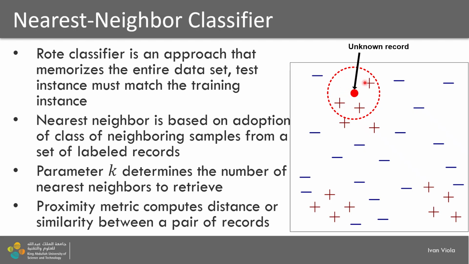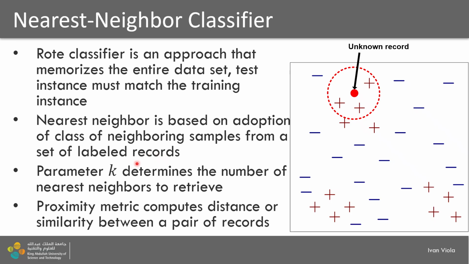Based on this neighborhood, the nearest neighbor classifier will say this unknown record belongs to the class positive. So it is based on adoption of the class of neighboring samples from a set of labeled records, from the training set.